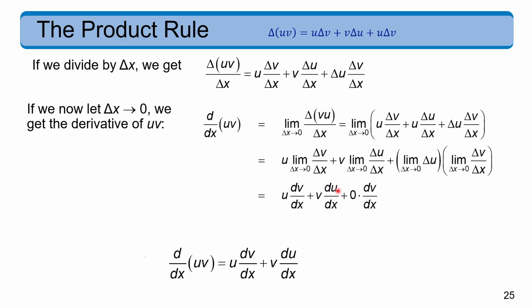And since there's no delta x inside the u, it's just u of x, and since delta x isn't in it, in terms of this limit, u of x is a constant. So the u can be pulled in front of the limit, and then we still have the limit of the second term in that product. We did the same thing. I just noticed there's a typo there. This should be a v.